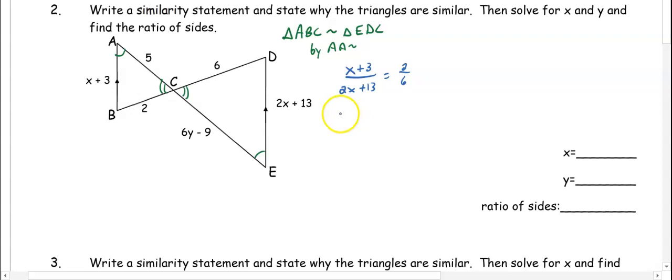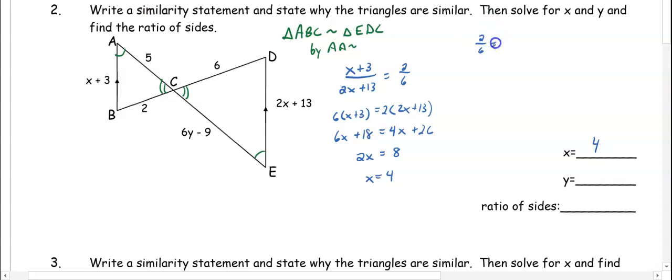As we cross multiply here, we get 6 times x plus 3 equals 2 times 2x plus 13. As we distribute here, we get 6x plus 18 is equal to 4x plus 26. As we solve, we get 2x equals 8. So x is 4.